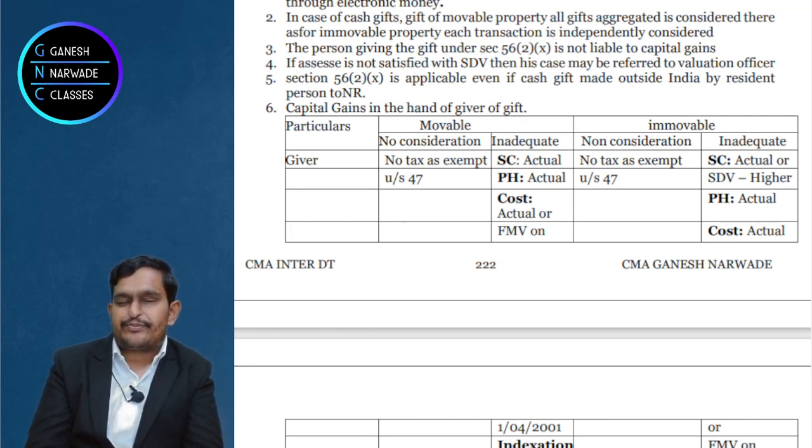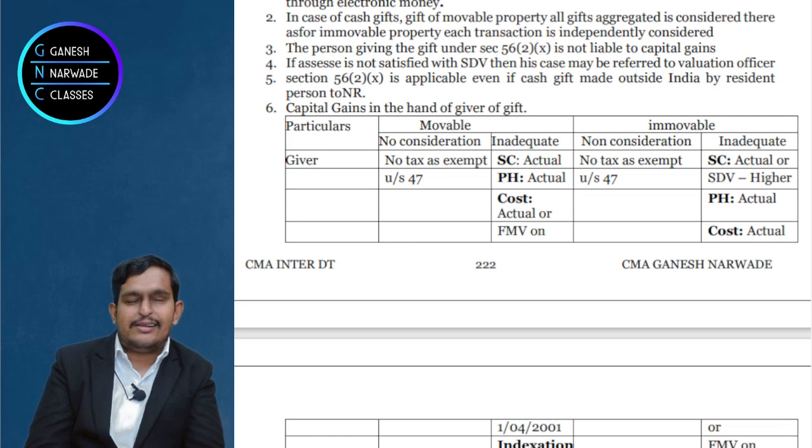But if it is movable property, or if it is immovable property, then the question comes, am I giving 100% for free? Am I giving for no consideration?